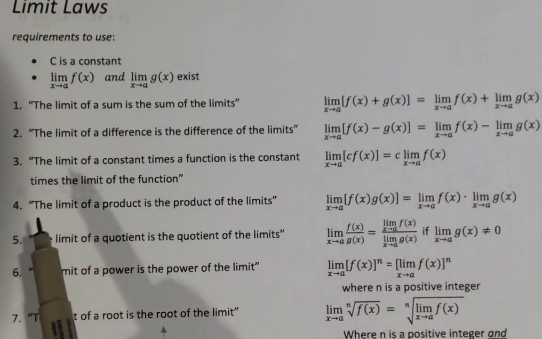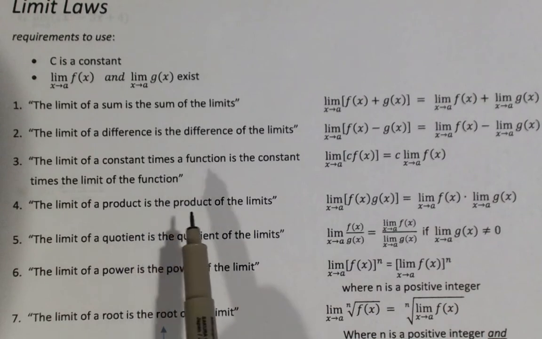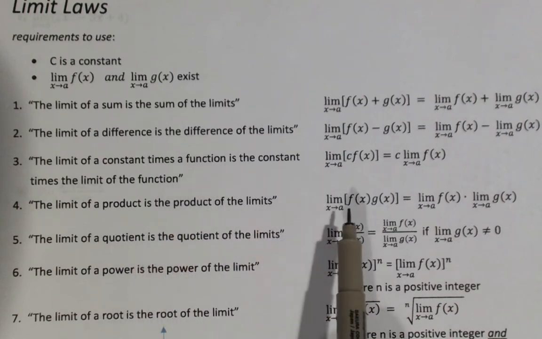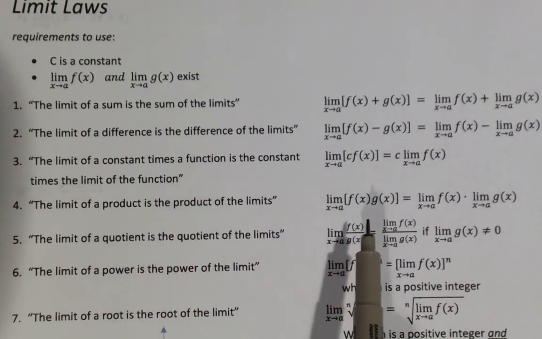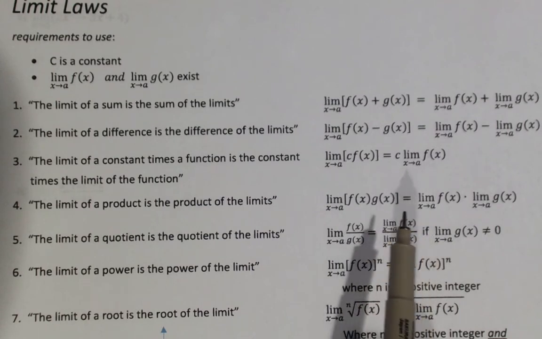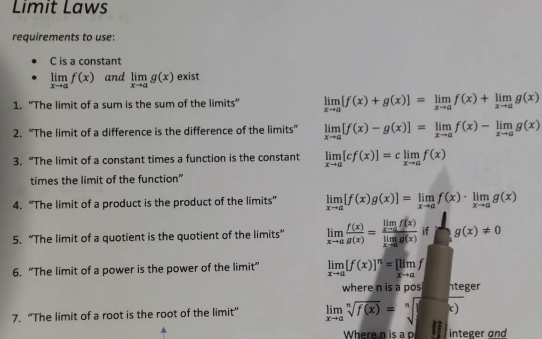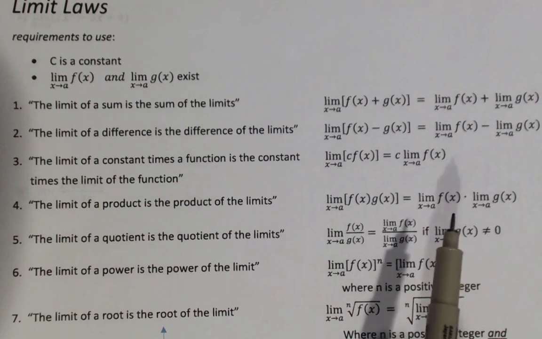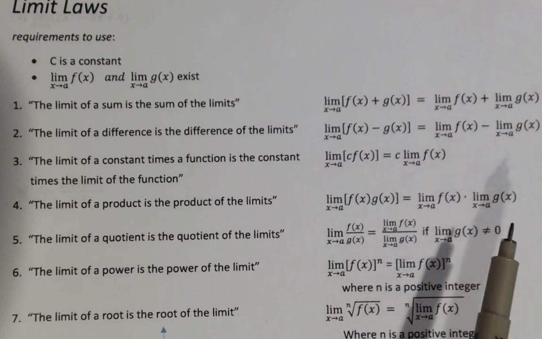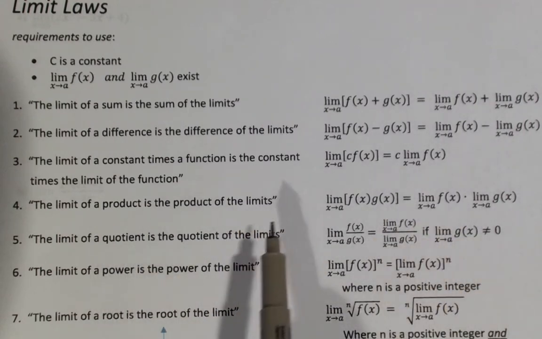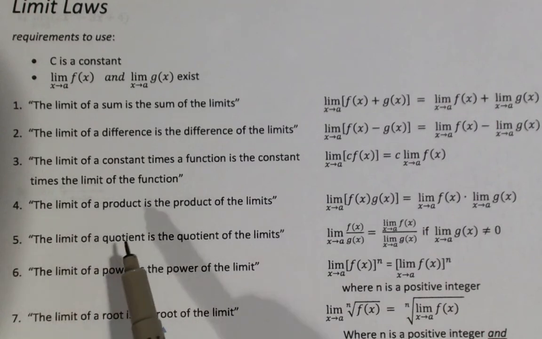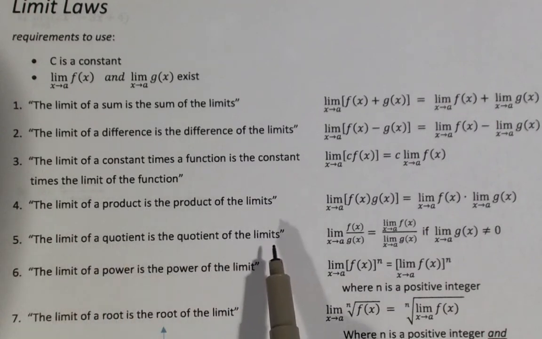Then number 4, we have the limit of a product is the product of its limits. So the limit as x approaches a of f of x times g of x is equivalent to the limit as x approaches a of f of x times the limit as x approaches a of g of x. Okay, the same is going to go for the quotient. The limit of a quotient is a quotient of its limits.